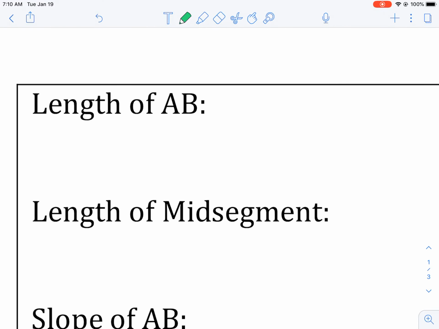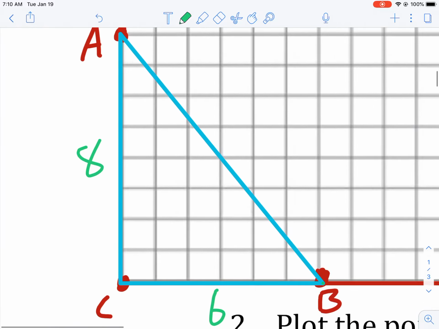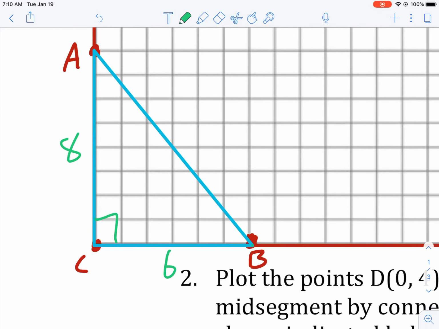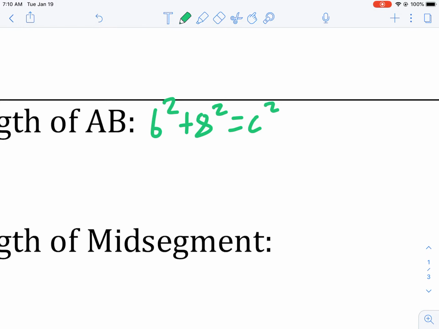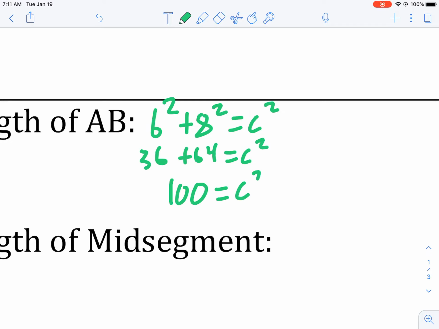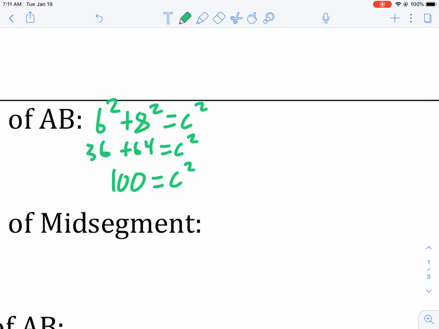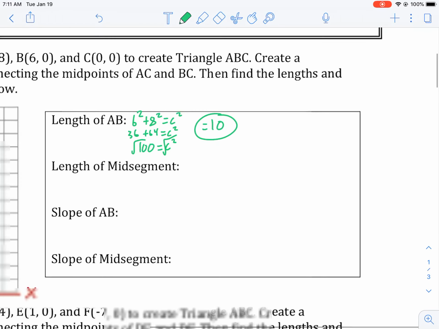So we've got 6 squared plus 8 squared equals c squared, because this is a right triangle. 6 squared is 36, 8 squared is 64, 36 plus 64 is 100. So it looks like this is going to be a whole number for us, which is nice. The square root of 100 is 10. So AB is 10.